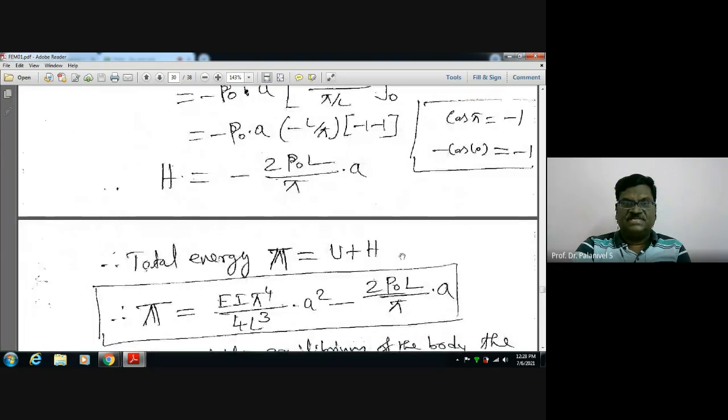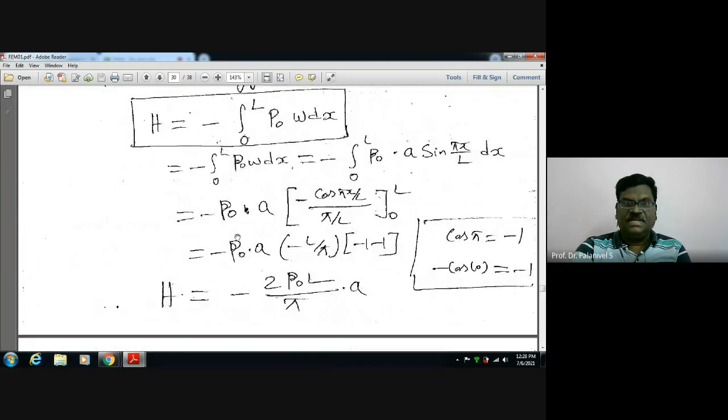That is equal to minus P naught A, already there, into apply upper limit. If you apply the upper limit, x is L, L gets cancelled, minus cos pi.